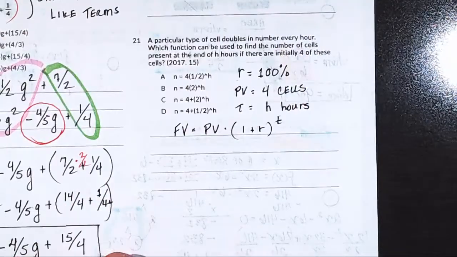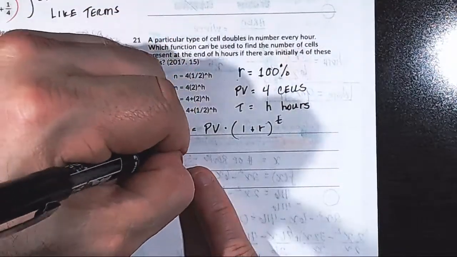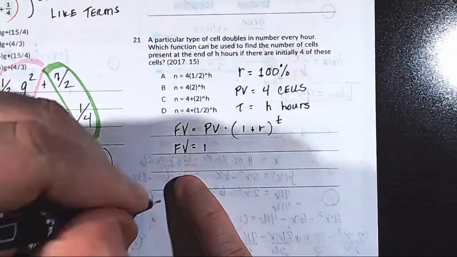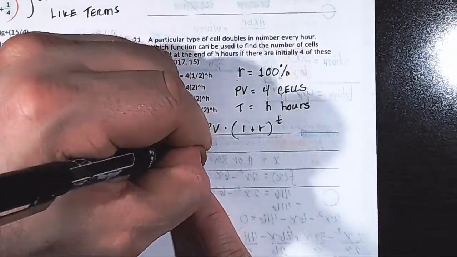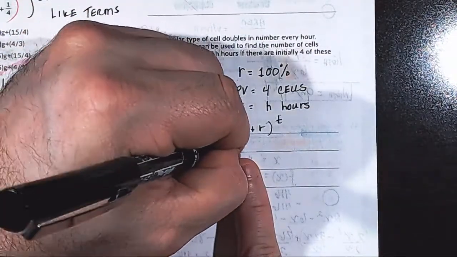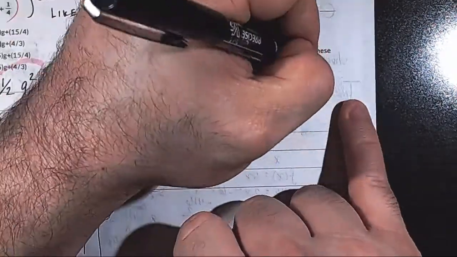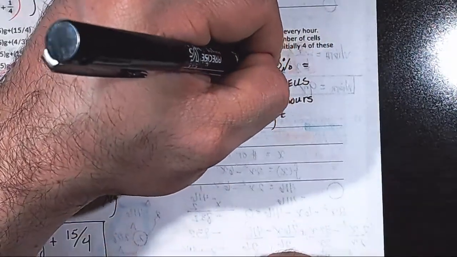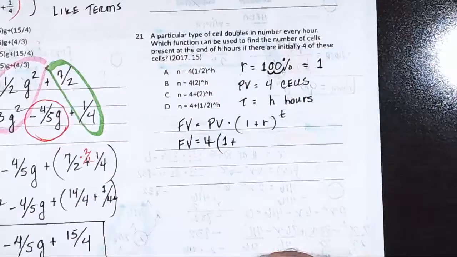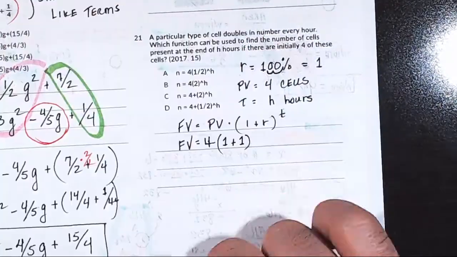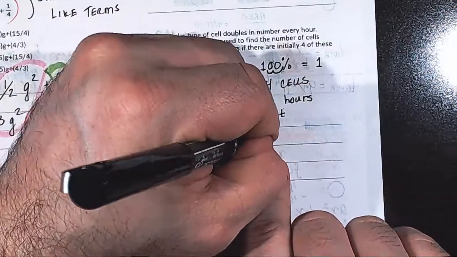And I'll just plug in what I have. Future value is equal to present value, which is 4 cells, open paren, 1 plus, now we have to convert 100% into a decimal. That's 1, so it's 1 plus 1 raised to the h.